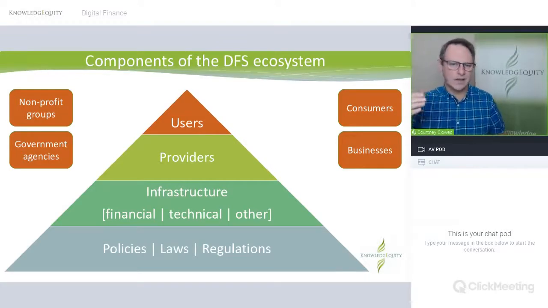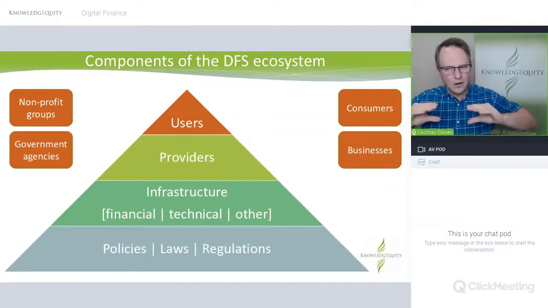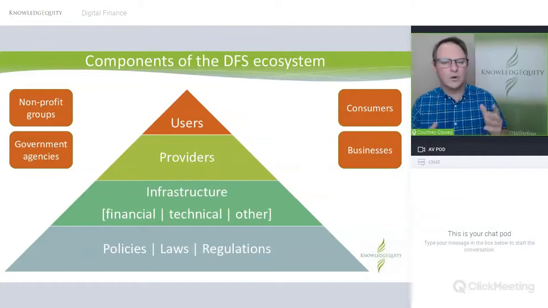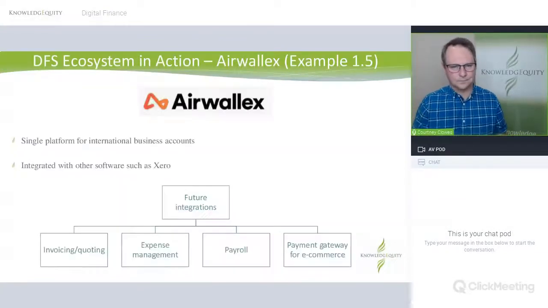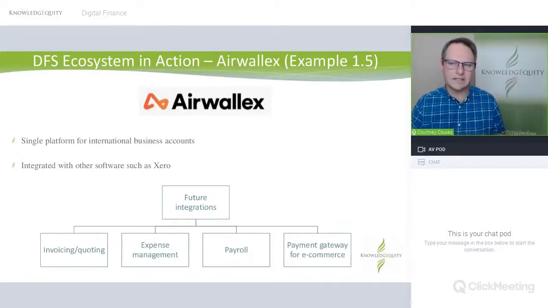As I said, in the study guide it starts with the users, providers, infrastructure, policy, but visualizing it this way shows you how each layer sits on top of its foundations. So our users, our consumers and businesses, not-for-profits, government agencies, they're all going to be part of this digital financial services ecosystem.